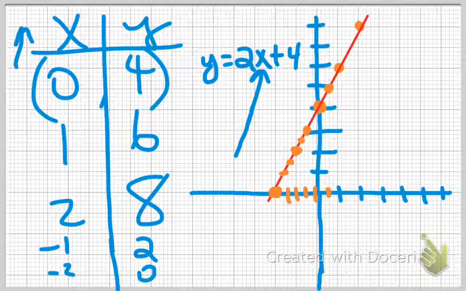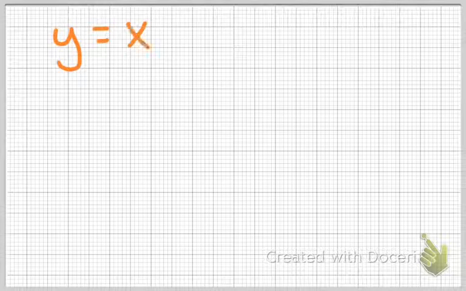And so this line goes forever and ever, with all the options of numbers that I could put into that equation. That's so cool. And it graphs a straight line. So let's do another one. They have one for us, and they're using y equals x. Okay?